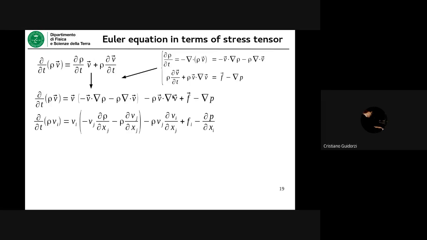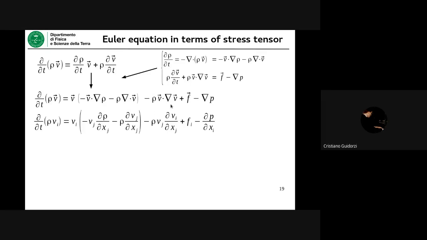And again, here you see we are taking the ith component. So the term to be taken, the ith component of, is this one: v scalar gradient of vi. The gradient is then scalar multiplied by this, so vj times the jth component of the gradient, which is the partial derivative of vi with respect to xj.